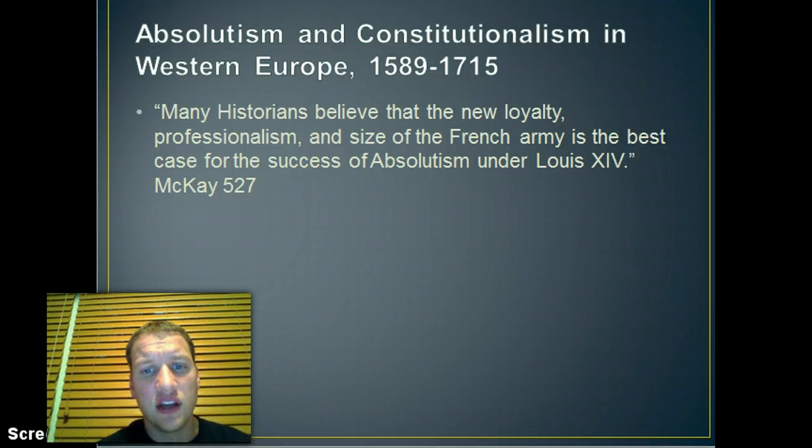And he's a perfect case study on how absolute monarchs actually got the way they were, and it's not just a model for historians. Monarchs of Europe adopted absolutism: the Habsburgs in Austria, the Hohenzollerns in Prussia, the Romanovs in Russia. They're all going to model themselves on what was created by Louis XIV in France.